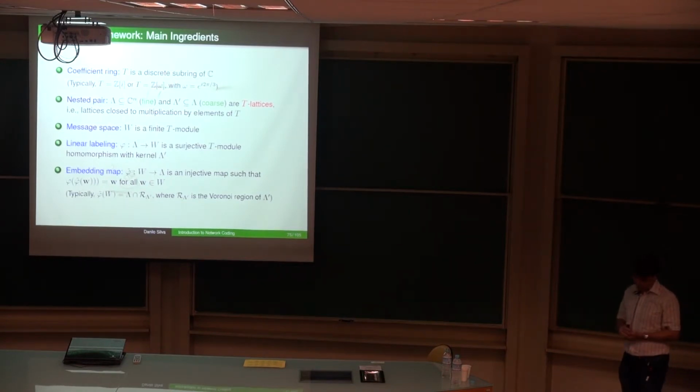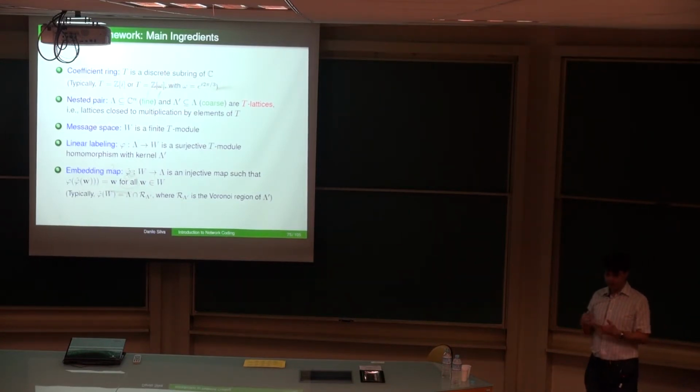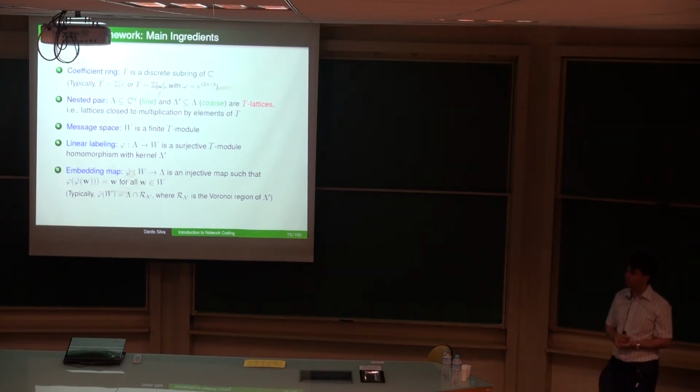You could take T as being Z, the integers, but typically we want them to be complex so we can also represent rotations. So we typically take this ring as being either Z[i] or Z[omega], the Gaussian integers and the Eisenstein integers, where omega is rotation by 120 degrees.